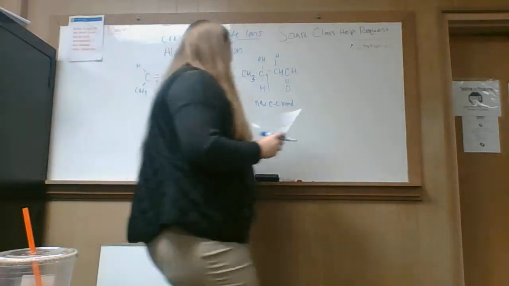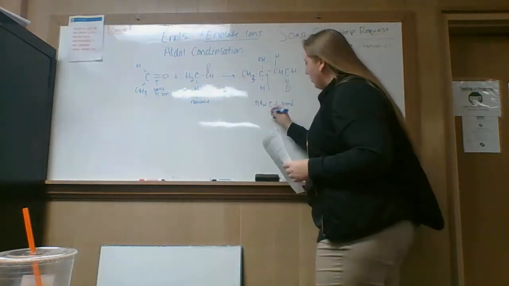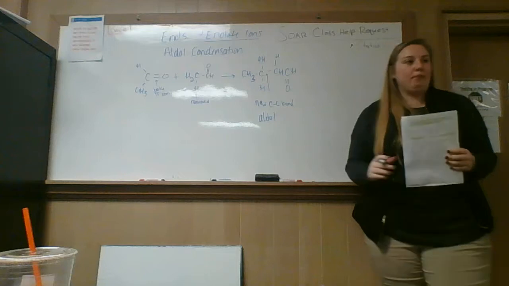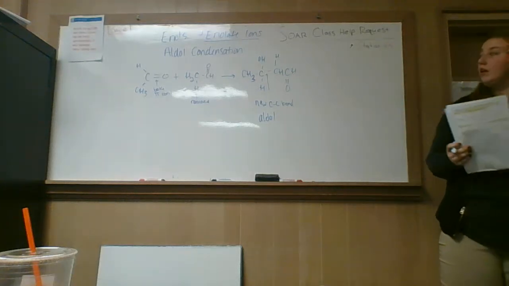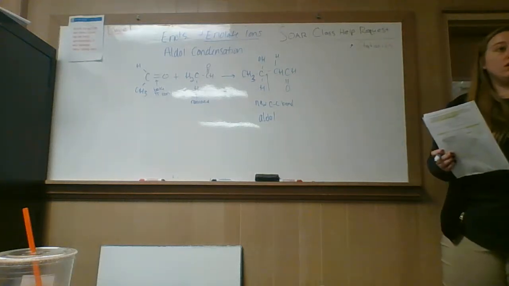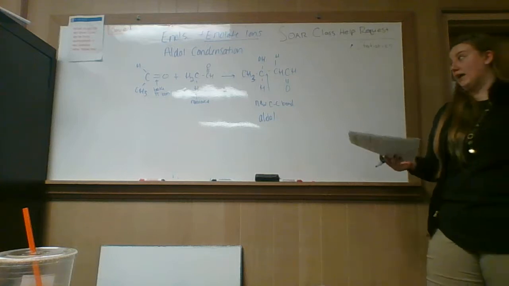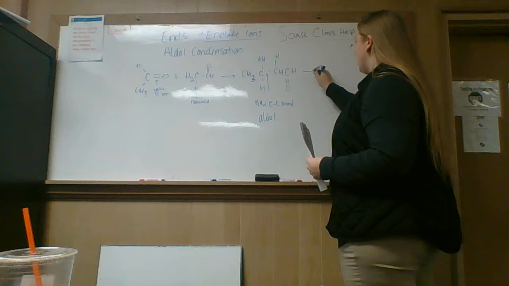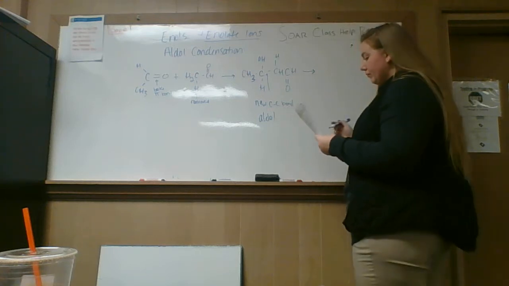Okay? This is referred to as an aldol. Why do you think that's its name? So it's an aldehyde with an alcohol. Exactly. So first step, you react two aldehydes or ketones and you form an aldol.